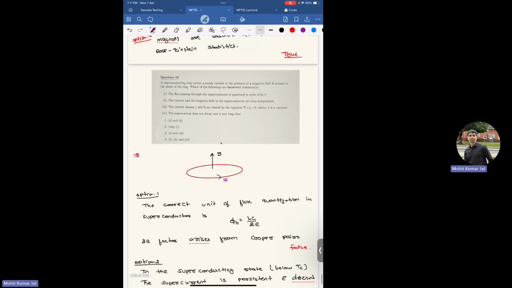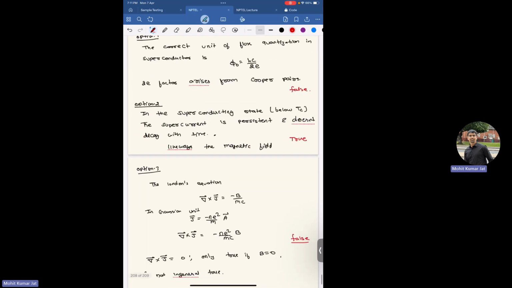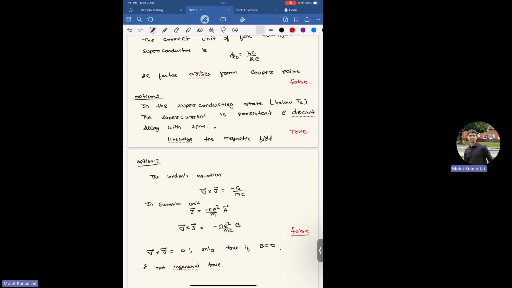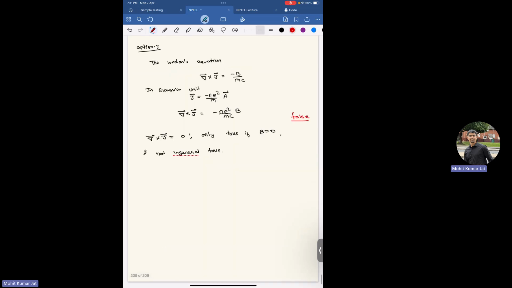Now moving on to the fourth option, the supercurrent does not decay over a very long time. Yes, this is true. This is the feature of the superconductor, that it does not have any resistance, and if there is no resistance, there is no reason why the supercurrent will decay over a very long time.